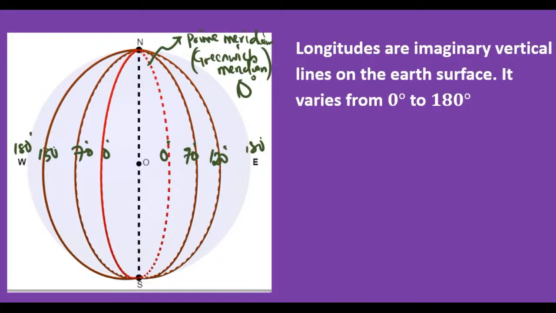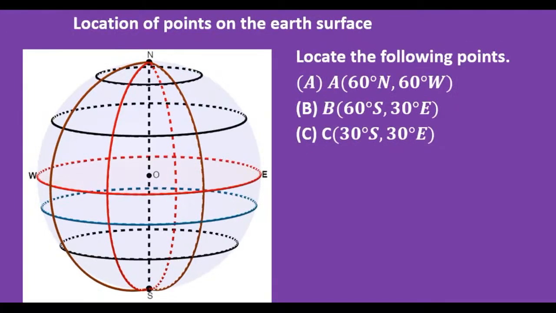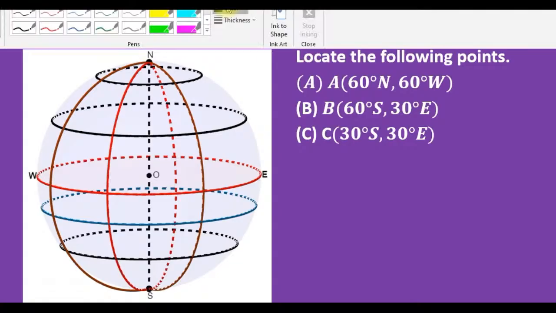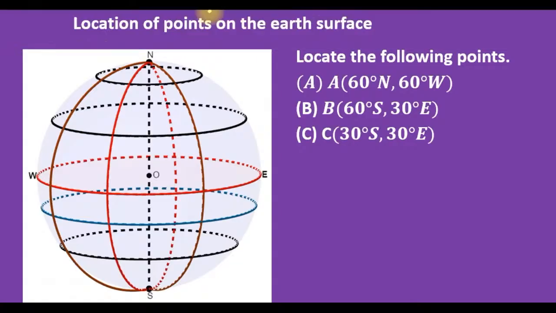Okay, let's move to the location of points. For us to locate any point on the Earth's surface, we need to know the latitude and the longitude. The point of intersection of the latitude and longitude is the place we are looking for.